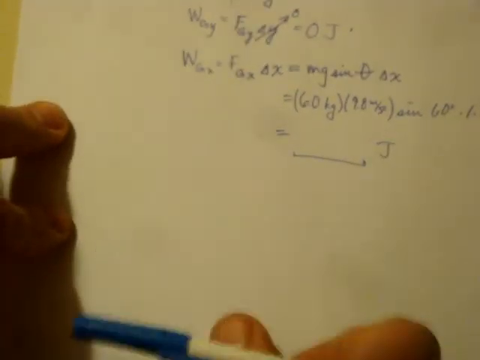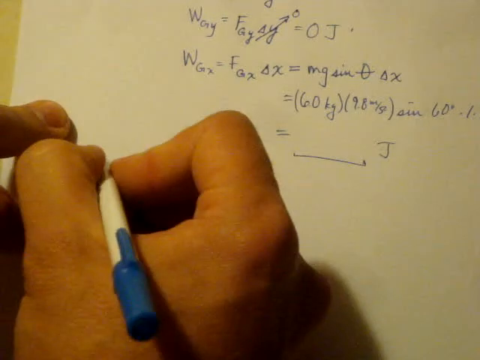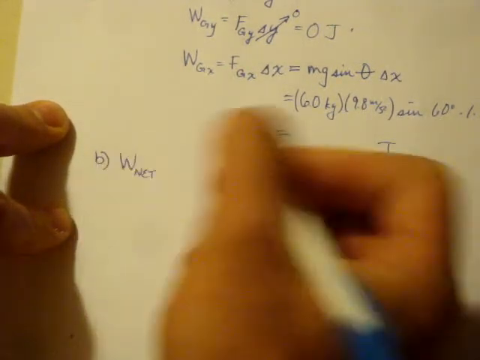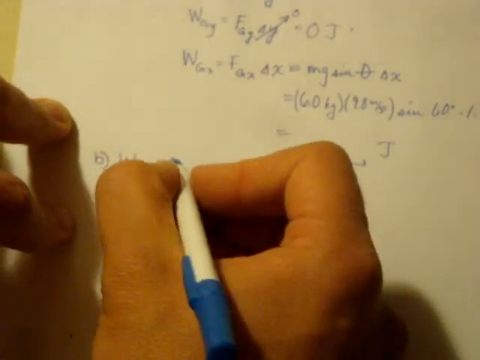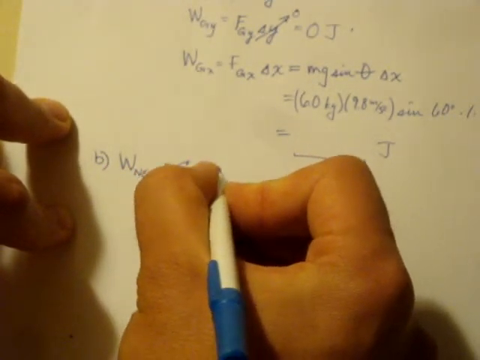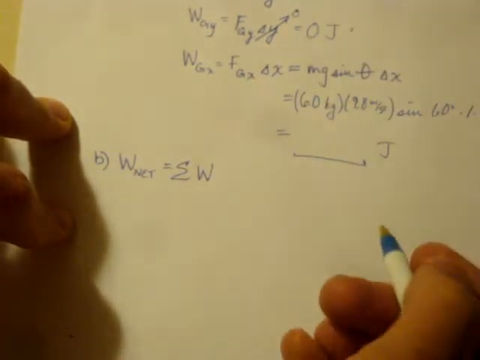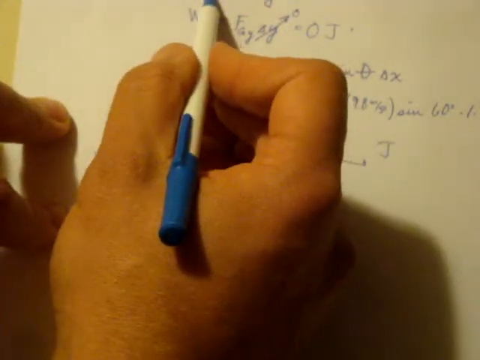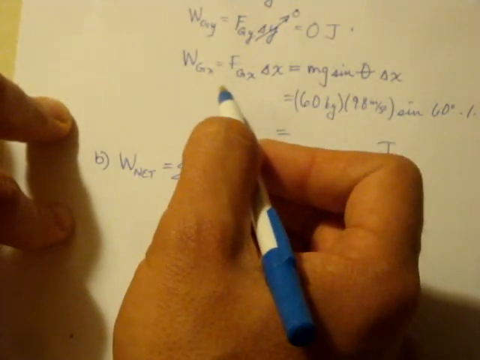Question B, what is the total work done on the block? Well, the total work, or what we would often call in class the net work, it's the same term, just different words, is equal to the sum of all the works by all the forces acting on the block.